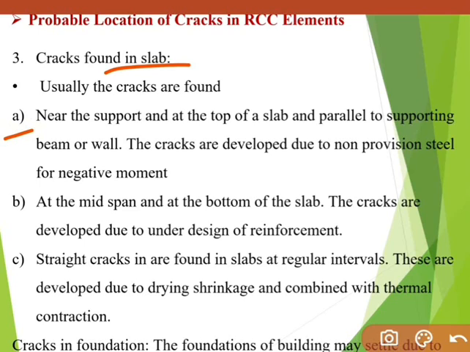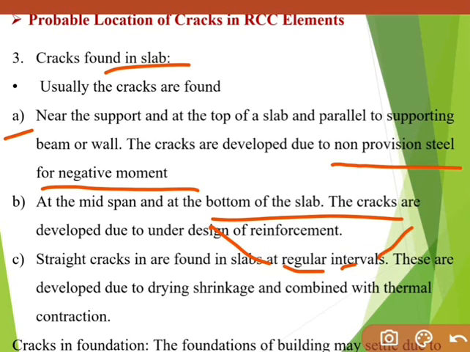So usually we see cracks at the top portion of the slab because of this. What is negative movement? Usually the positive movement is in the downward direction, but sometimes movement happens in the upward direction, and that is the negative movement.